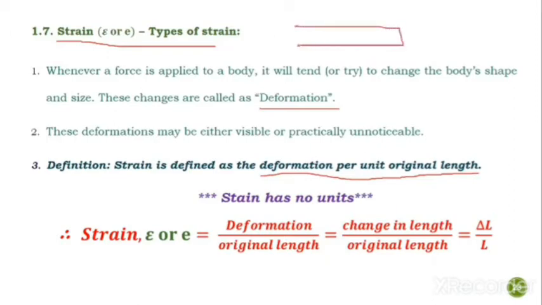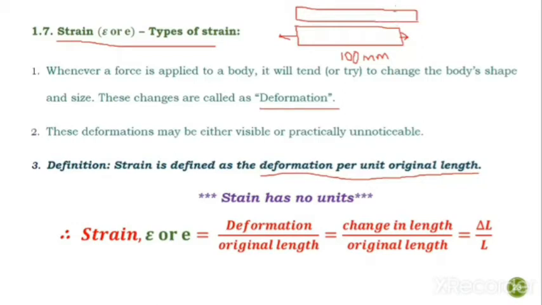For example, there is a rod over here. The length is something like 100 mm, a small bar. Because of the tensile forces, the size of the bar has increased a bit.